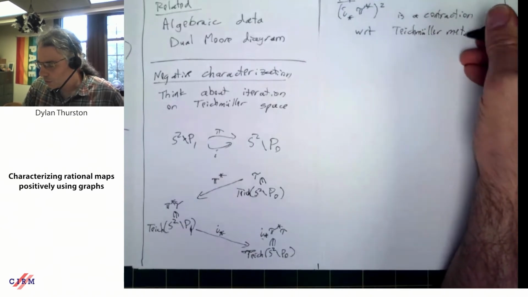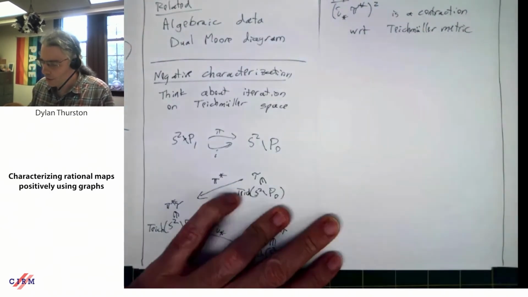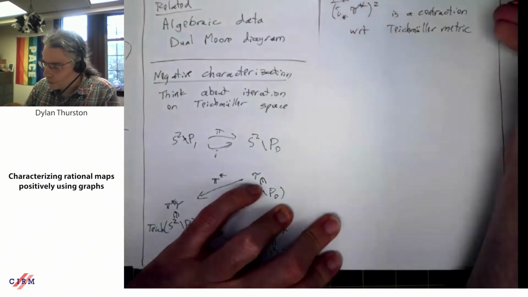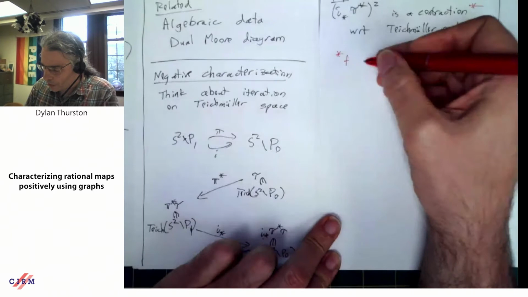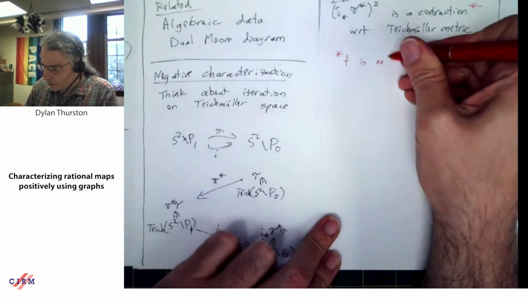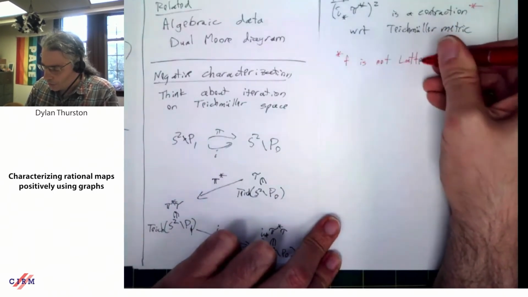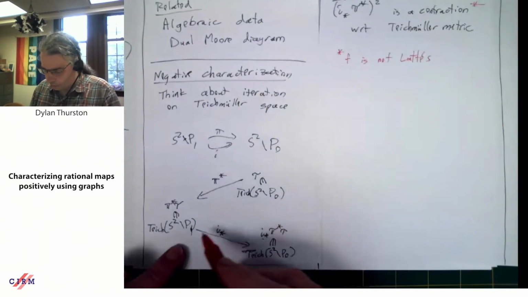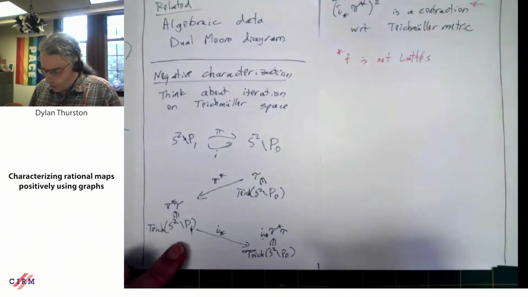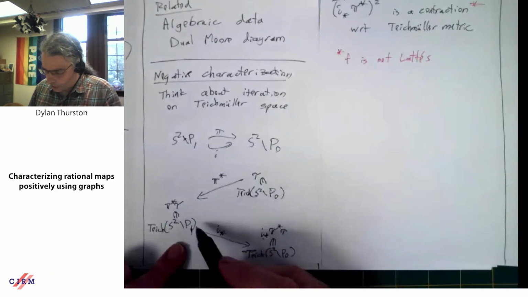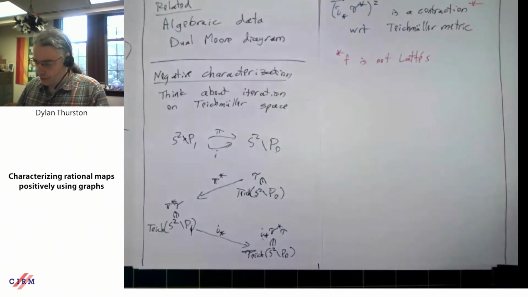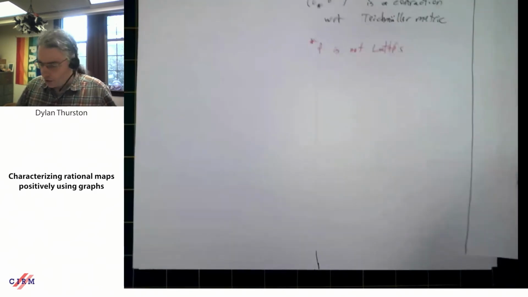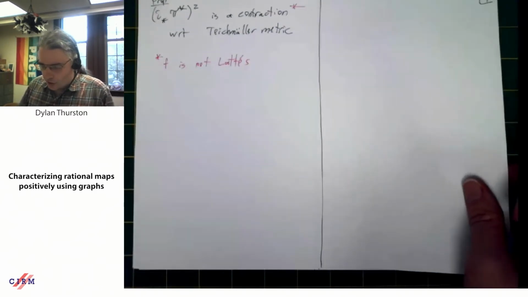Now, this is one of the places where I need a little asterisk here. For instance, if the original map F was a lattice map, there are cases where everything is covered by the sphere, by the torus, and in those cases, it's instead an isometry. But in other cases, it's necessarily a contraction.